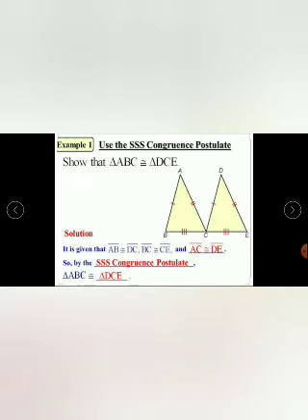Here these two triangles are having a common angle, that is C. So here we are discussing only about the sides because we are saying about SSS congruence criteria. So we need to check only for the sides. So by SSS congruence criteria, we got triangle ABC is congruent to triangle DCE. See how we are applying the SSS congruence criteria. For applying the SSS criteria, we need all the three sides to be equal.